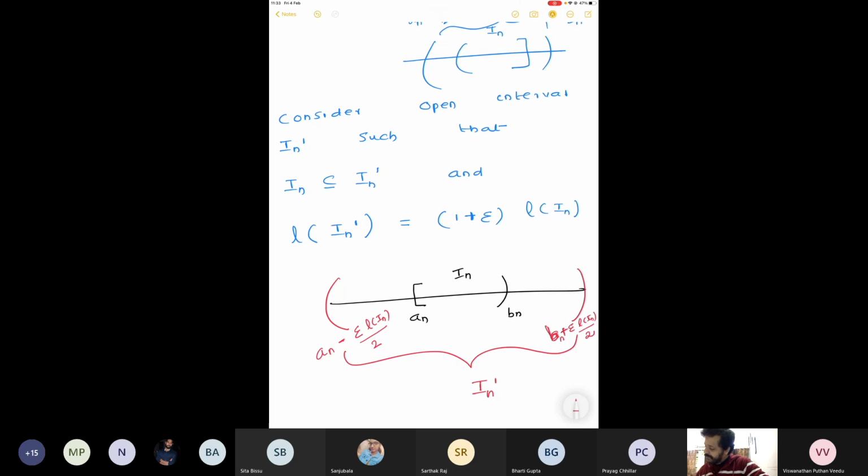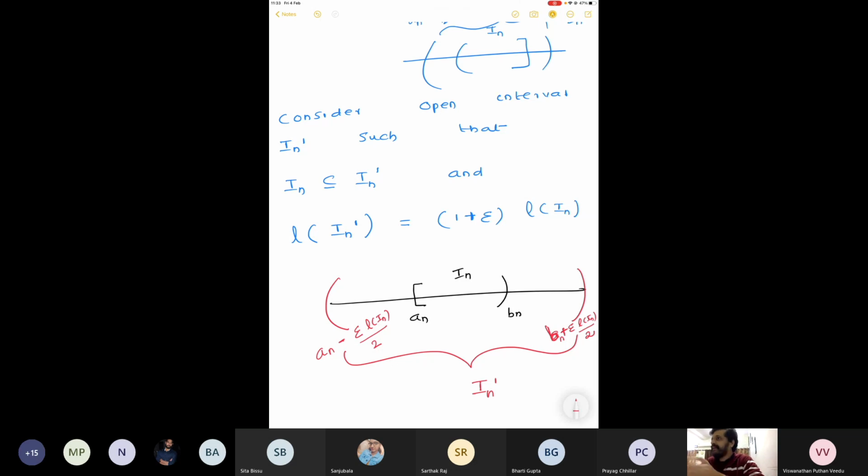I don't know whether this will work. Now suppose I find the length of I_n'. What is the length of I_n'? b_n minus a_n, that is the length of I_n, plus epsilon times the length of I_n. Yes, I will get it. So like this, I can always do that.